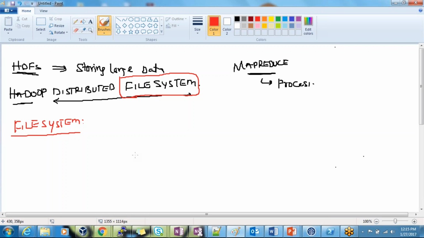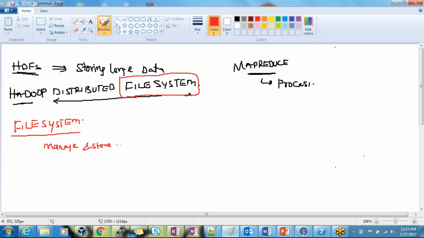A file system manages and stores files on any storage device, and it is used by your operating system.